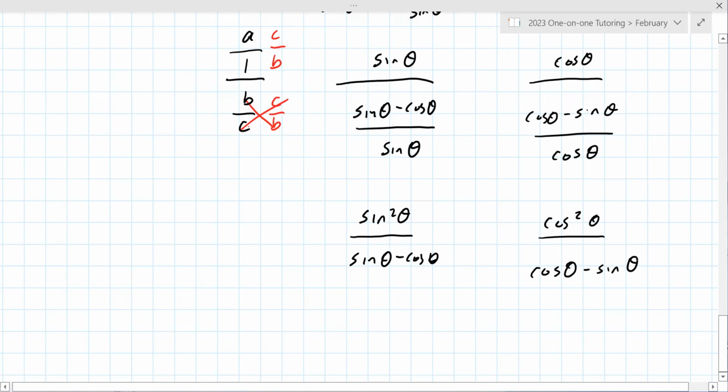All right, now from here, it's not looking great, but you're getting closer. The denominators are not the same though, so you can't just combine them. You have to do something before you can combine them.